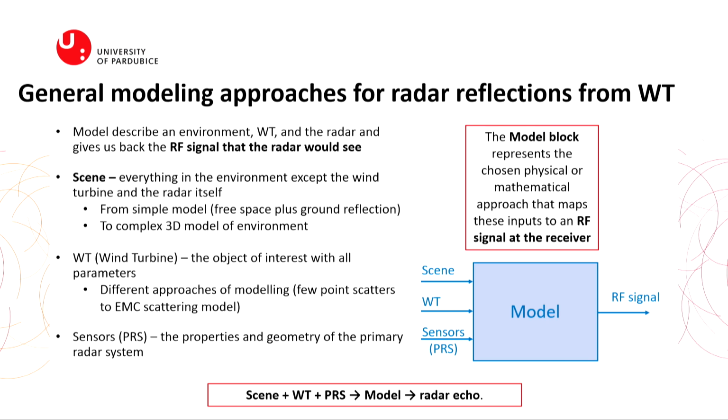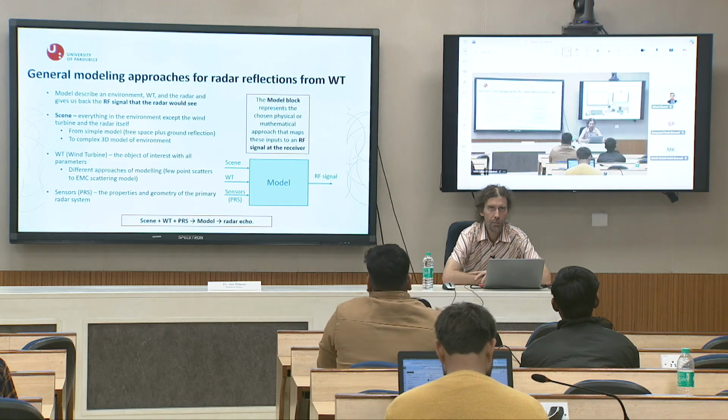You could derive this from a simple model of free space plus ground reflection, and we use this approach because we don't consider any digital elevation model except line of sight.